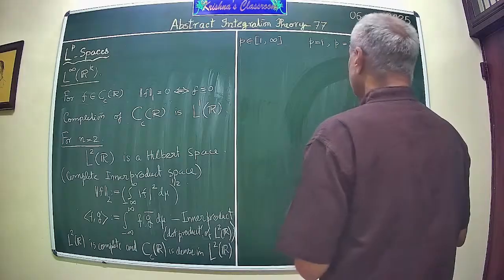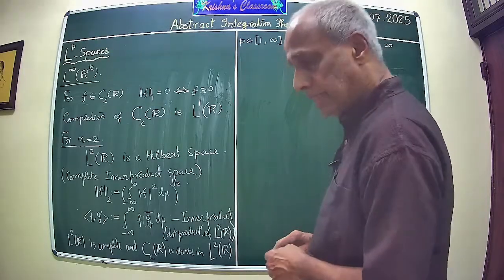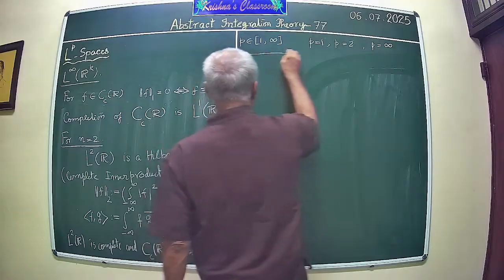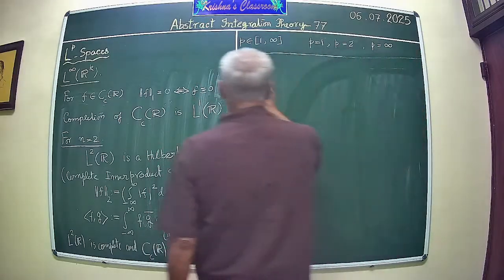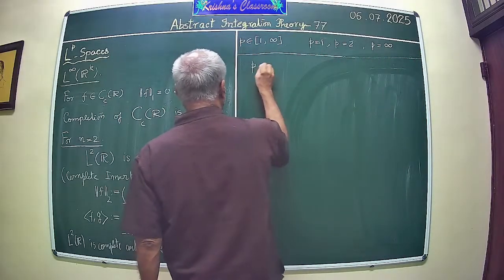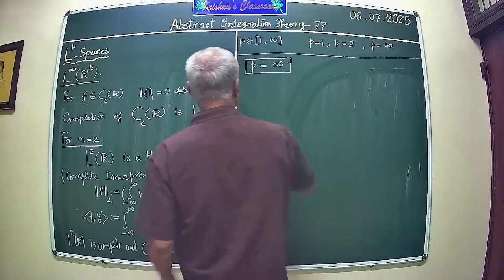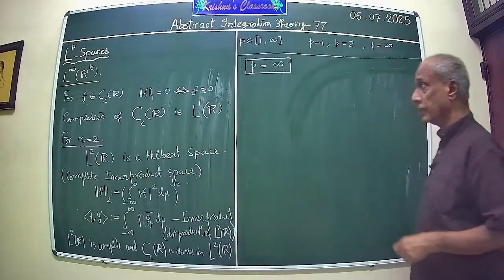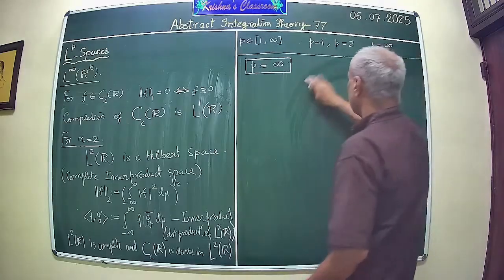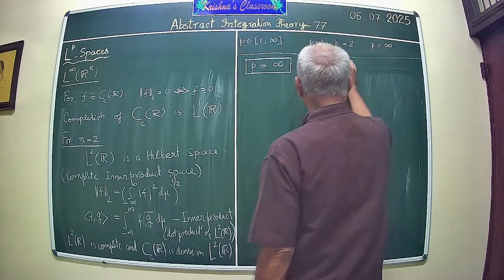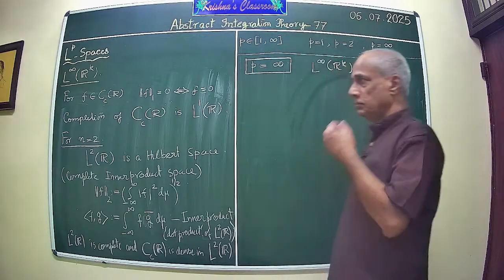Okay, so we now look at the other extreme case. So our theme for this lecture is p equal to infinity. This is the one that we are interested in. So we consider what are called L infinity.